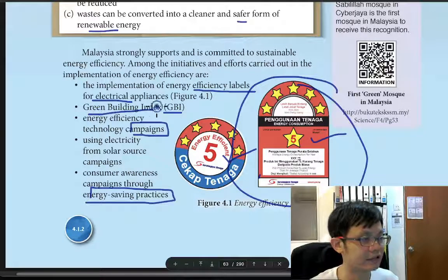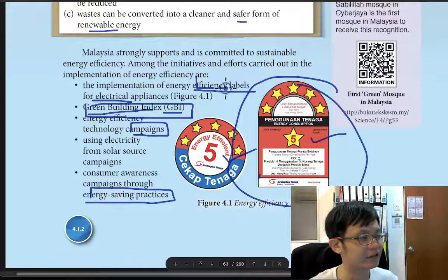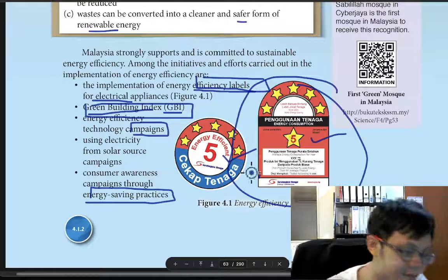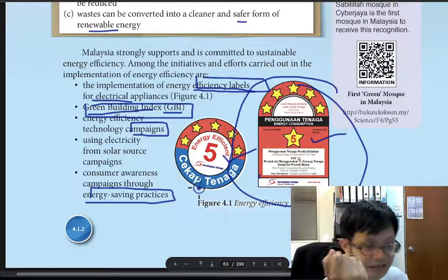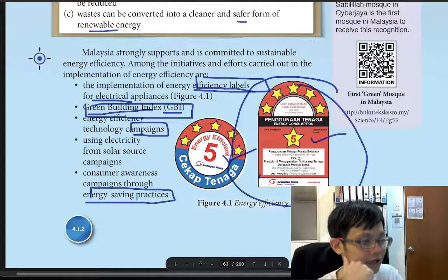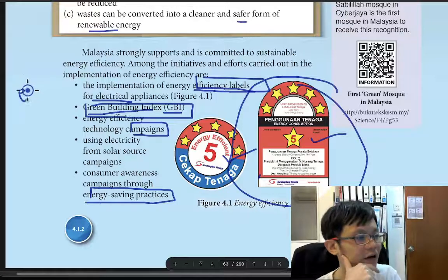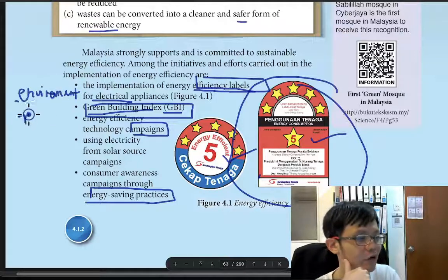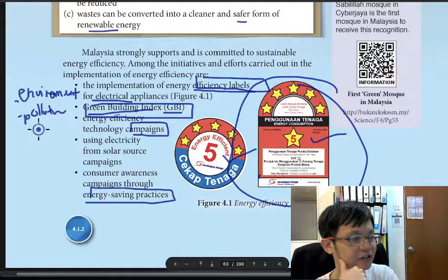So there is the GBI, Green Building Index, for energy efficiency, and the efficiency level, so that you can see the star. Why do you want to know this? Not only in science, you can write this in karangan, because usually for Malaysian essays, one of the very famous topics is about environment, pollution, energy, and so on.